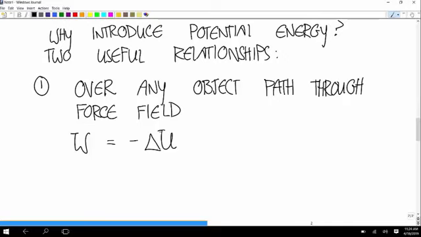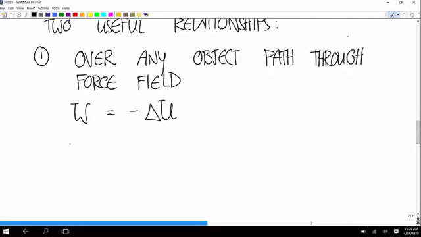And since usually calculating potential energy values for an object is easier than calculating the work directly, this is a way to get the work in an easy way for certain kinds of forces. Okay? So this is usually a much easier way to calculate the work.